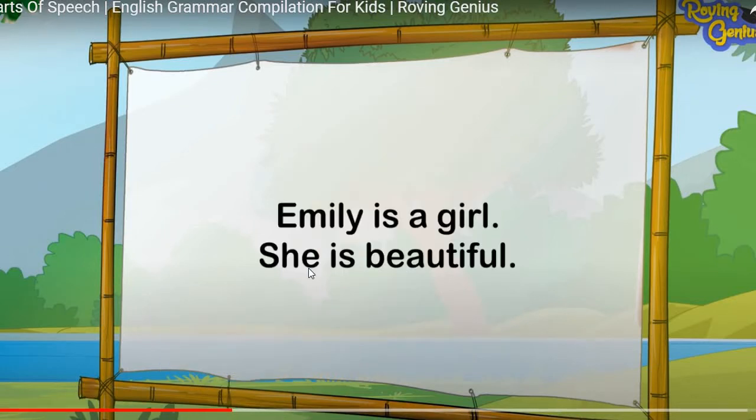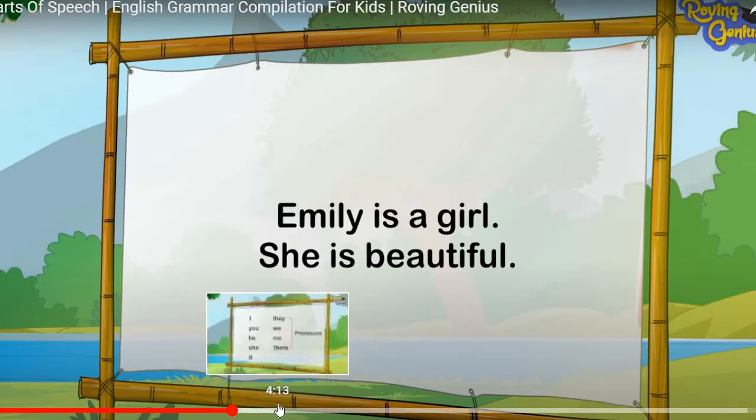Emily is a girl. She is beautiful. Who's the girl? Emily. I don't have to repeat her name 2 times in the sentences. So the first time I say her name, Emily, the second time if I want to talk about her, I can use the pronoun she.